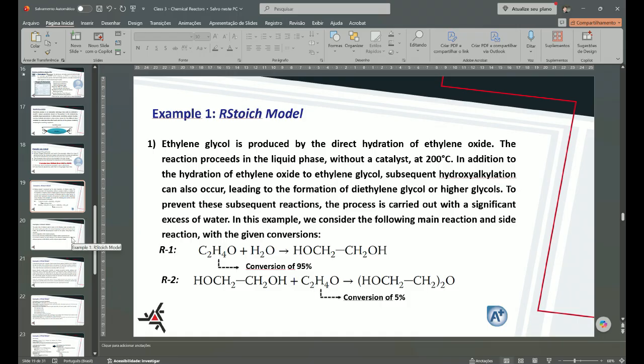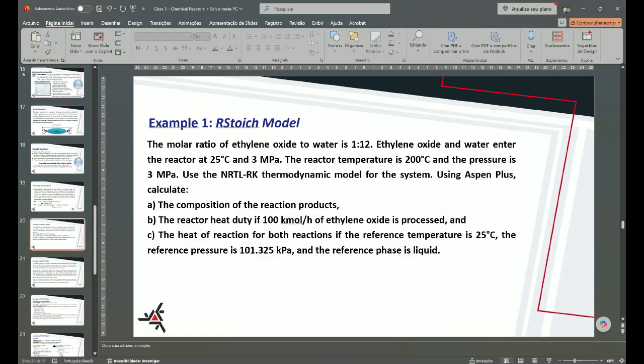Okay? So, the molar ratio of ethylene oxide to water is 1 to 12. Okay, so this is going to be the ratio for the feed streams that we are going to feed into the reactor. And the ethylene oxide and water enter the reactor at 25 Celsius degree and 3 megapascal.